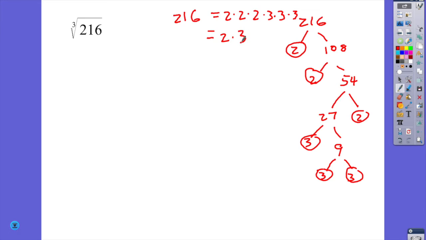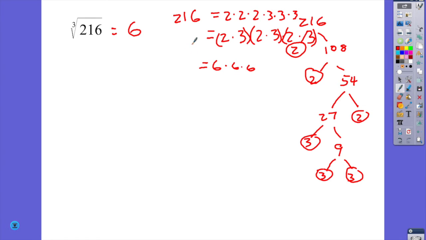Basically 2 times 3 times 2 times 3 times 2 times 3. Which really equates to, if I put parentheses, 6 times 6 times 6. So the cubed root of 216 is 6.